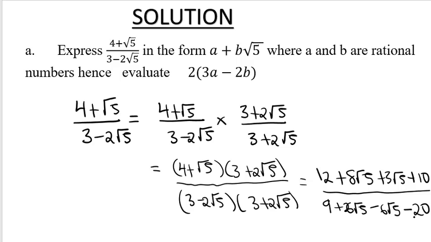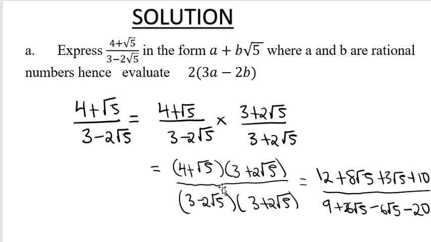So with this, for the numerator we have to group like terms. The 12 will add to the 10, and that will give us 22, and then 8 root 5 will add to the 3 root 5 because they are like terms, and that gives us 11 root 5.